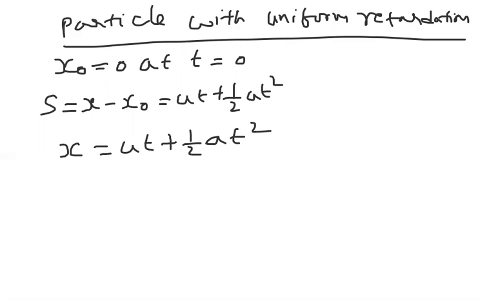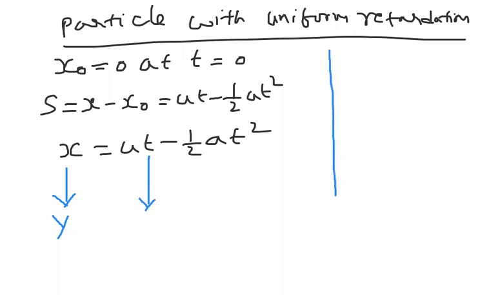Here I can compare, because for deceleration, retardation means you have to take a as negative. Observe carefully. Acceleration positive, retardation negative, minus a. Retardation means negative acceleration. Now if you want to compare with the standard equation of a parabola, see here, observe carefully.